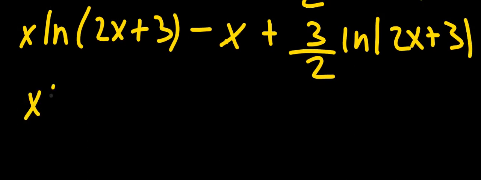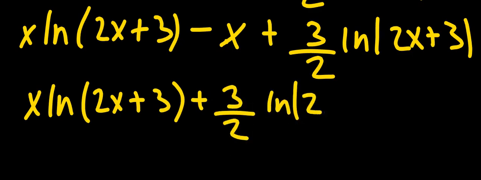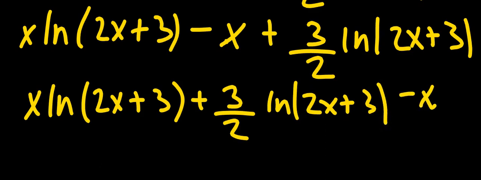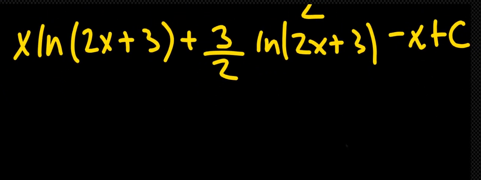And it will be x ln 2x plus 3 plus 3 over 2 ln 2x plus 3 minus x. And also we would add c because this is an indefinite integral. So there will be some constant which we don't really know. So we always add c at the end once we solve for it.